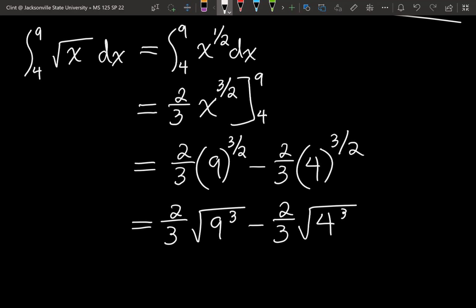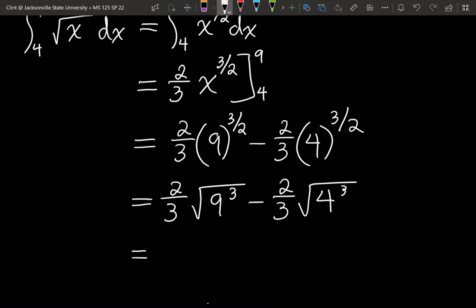Okay. You could take the square root part first and then cube it, if you wanted to. You could do square root of 9 cubed. That works as well. So let's see what we get there. So that'll be 3 cubed.